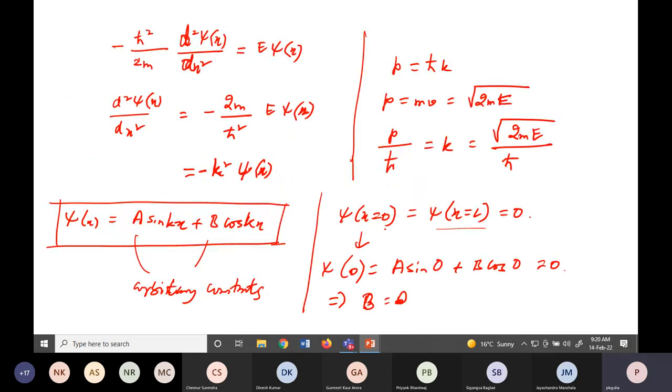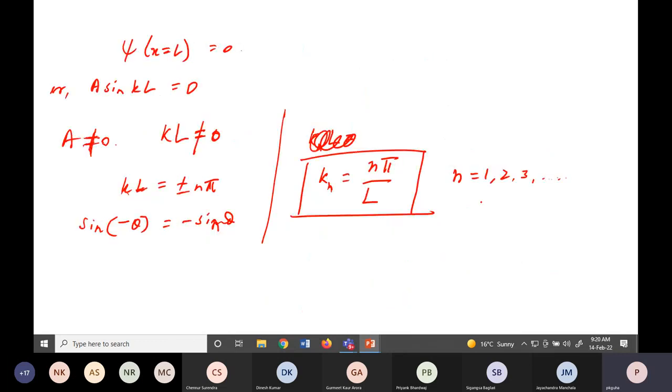That ψ(x) is 0 at x equal to 0 and at x equal to L. Because of this boundary condition, k becomes quantized. Now if k is quantized, that means energy is also quantized. Why?